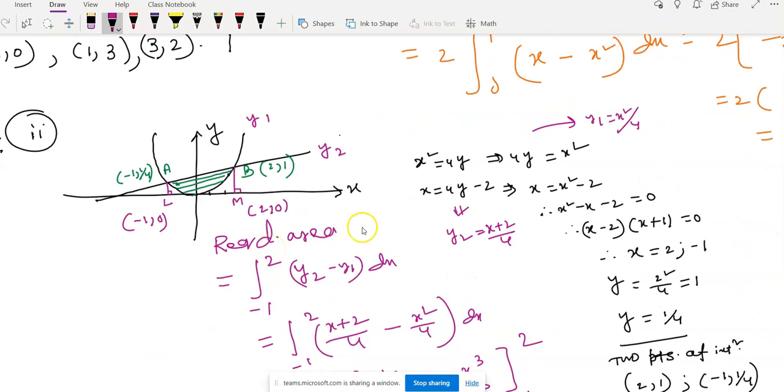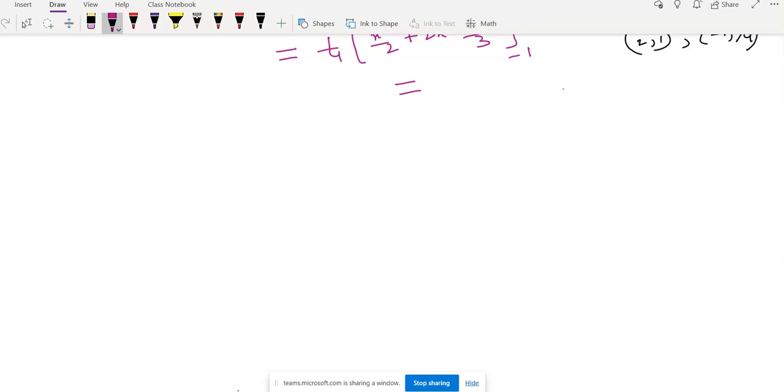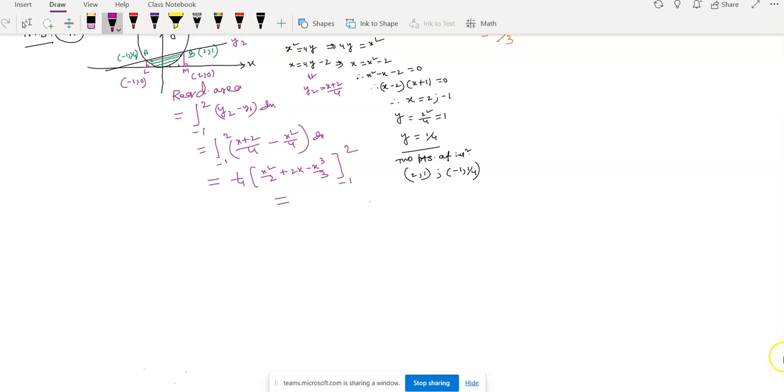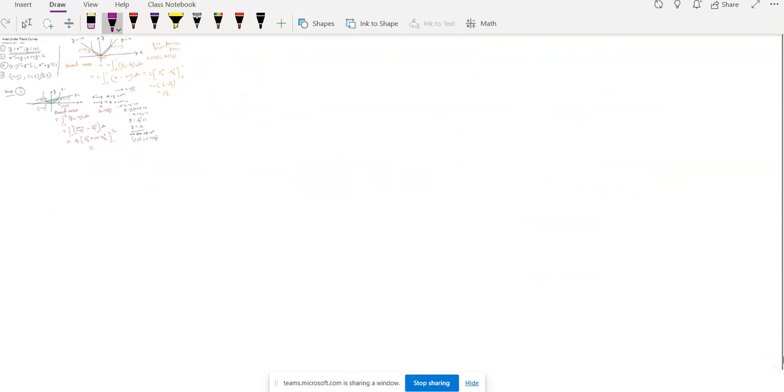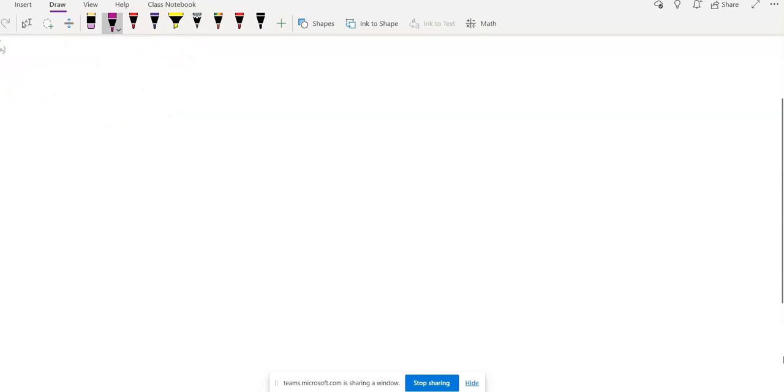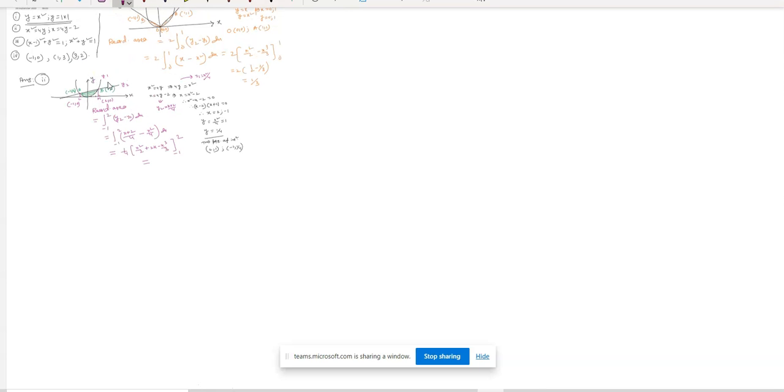Now we are going to pay attention to finding the area bounded between two circles. How to get that? See the two equations given. The area bounded between two circles: x minus 1 whole square plus y square equal to 1 and x square plus y square equal to 1. We have to do it.